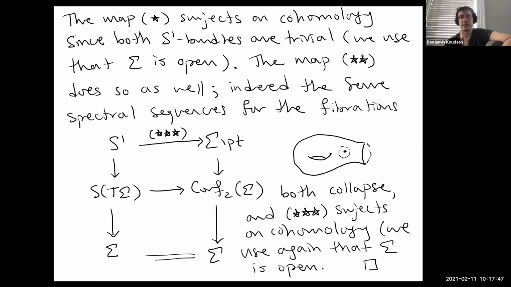So maybe what I mean to say is that this approach might not be the right approach for understanding the unstable range, because of the presence of these strange homology classes. This approach says, I don't understand cohomology, I understand homology, and so let's just try to get as far as possible using homology. And I guess what I'm saying is that in the unstable range, the knowledge of homology is not there. So yeah.